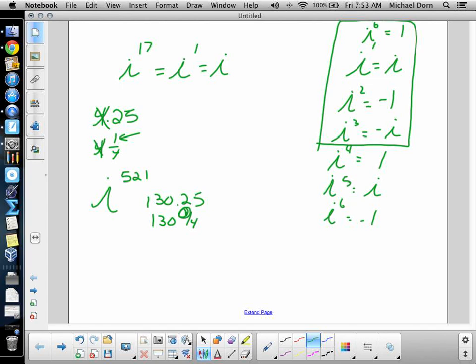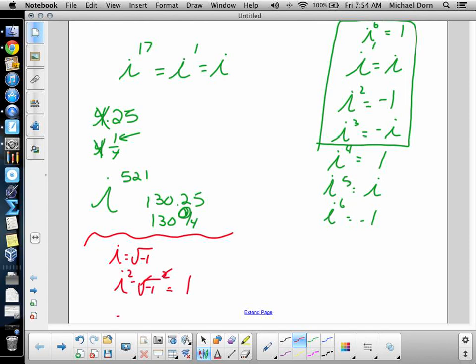So some people just, frankly, didn't know their progression of the powers of i, and that's important to know. At the very least, if you don't remember it, you can always rederive it, because you know that i equals the square root of -1. So i squared would be the square root of -1 squared. Square root and squared cancel out.